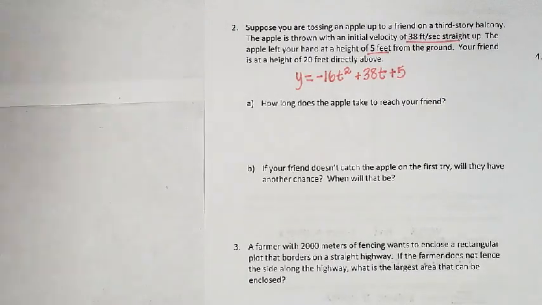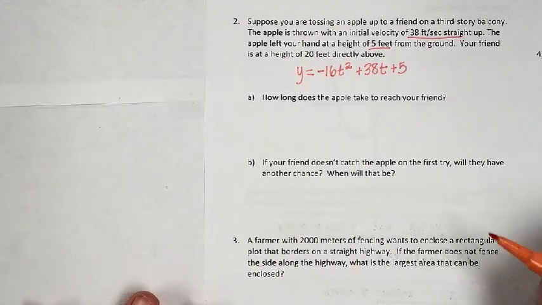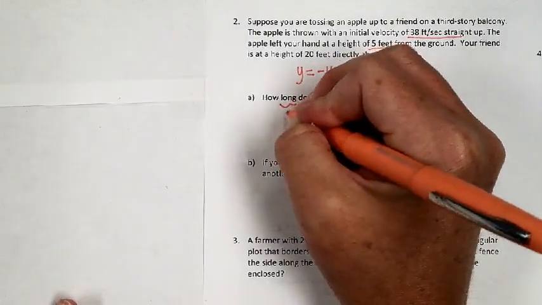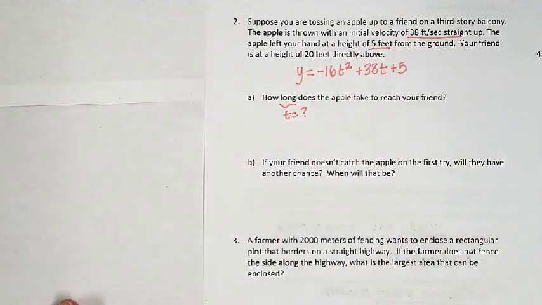All right, A, how long does the apple take to reach your friend? So how long, we're looking at time. Well, I need to know what would my height be.